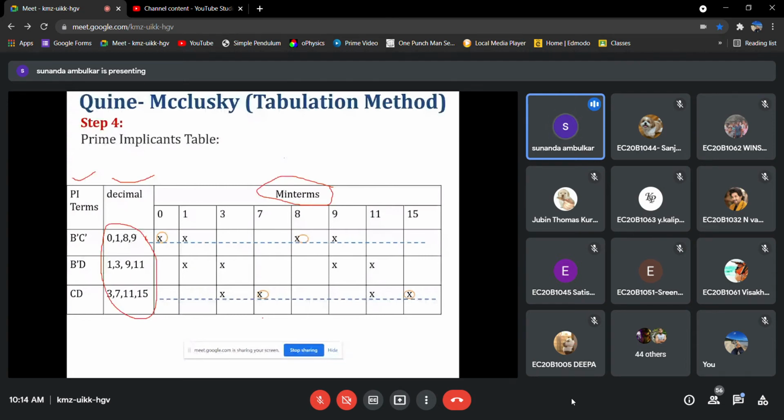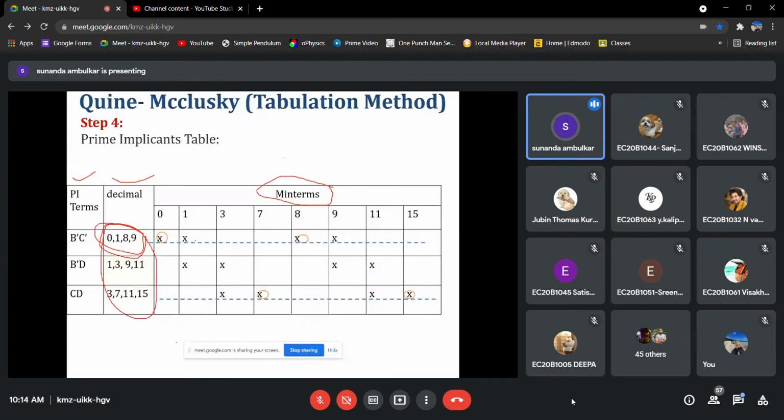Here we have 0, so we check B dash C dash. We see 0, 1, 8, 9. These min terms belong to this prime implicant combination, so we put a cross mark.